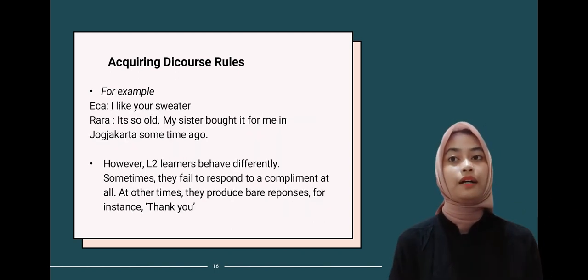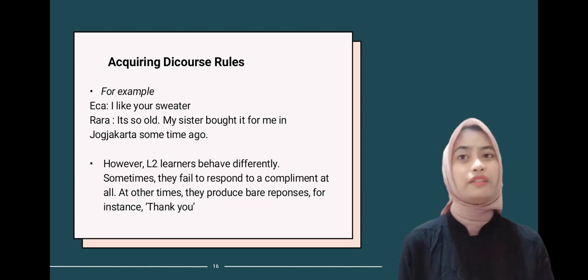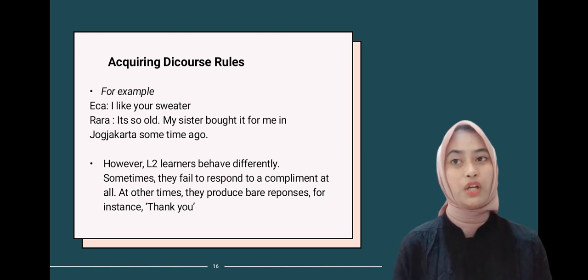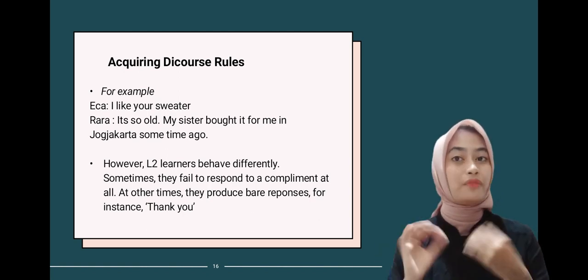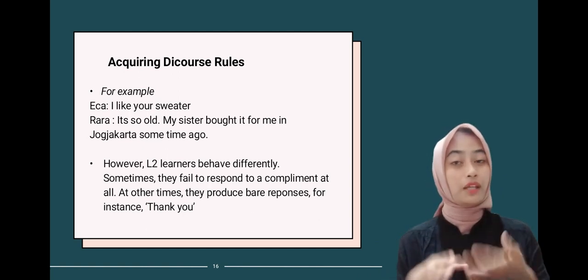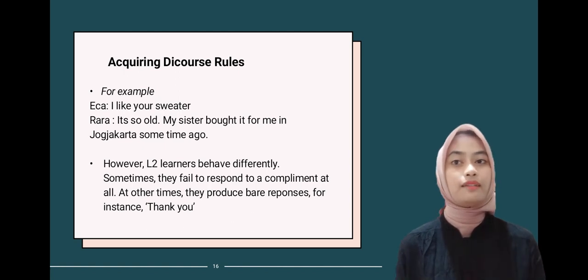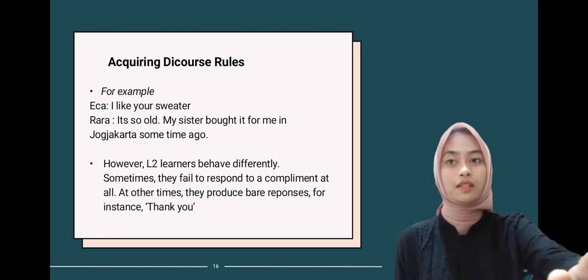For example, "I like your sweater." "It's so old. My sister bought it for me in Jakarta some time ago." However, second language learners behave differently. Sometimes they fail to respond to a compliment at all. At other times, they produce a response of an intense "thank you."